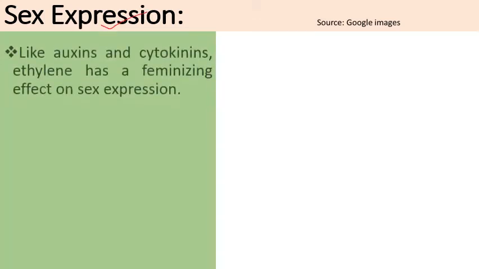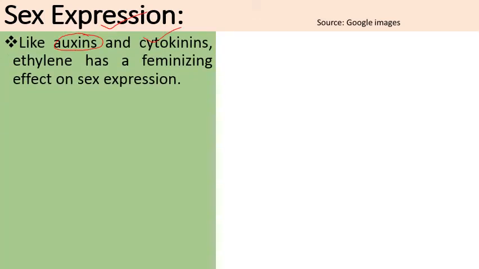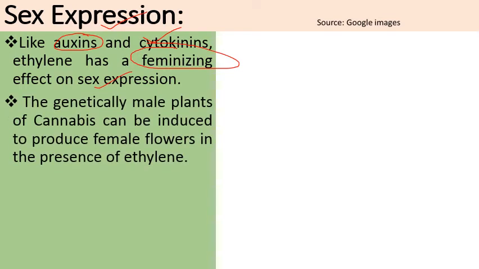Next, it also plays an important role in sex expression. Like auxins and cytokinins, ethylene has a feminizing effect, meaning it produces female flowers in sex expression. So it is meant for the production of female flowers. The genetically male plants of cannabis, that is marijuana, can be induced to produce female flowers, as we have discussed in the case of auxins. Gibberellins form male flowers in the case of cucurbits, while ethylene produces female flowers in cannabis, genetically male plants, in the presence of ethylene.